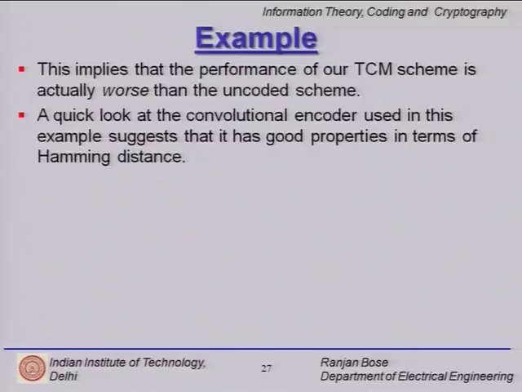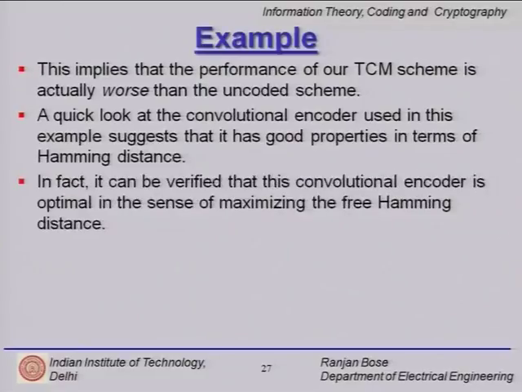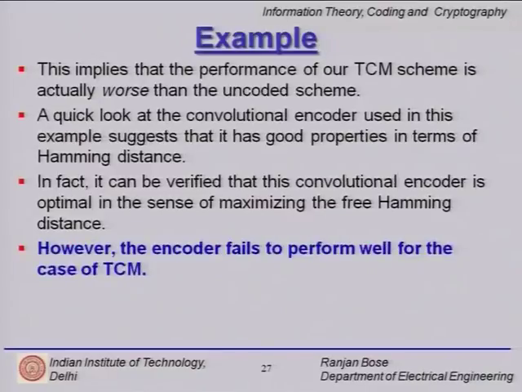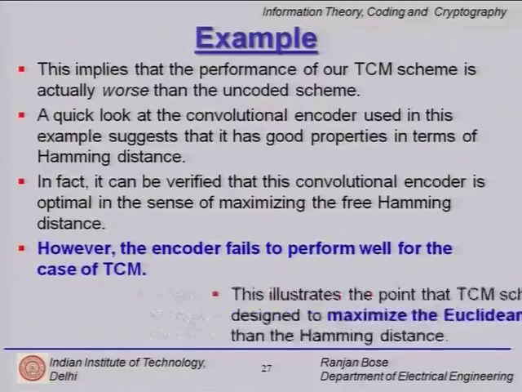So, it is a two-edged sword, and it tells us that we have used the good properties of the encoder in terms of Hamming distance, but not the Euclidean distance. The aim of the design of a good TCM scheme is to maximize the Euclidean distance. So, we did not do well in terms of TCM.